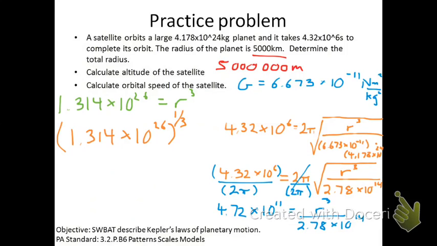And when you use a caret symbol in your calculator, it's good to put this in parentheses as well. And you do it to both sides, of course, and the cubed will go away. We won't need that anymore. And when we do that, I solved the total radius to be this value right here.